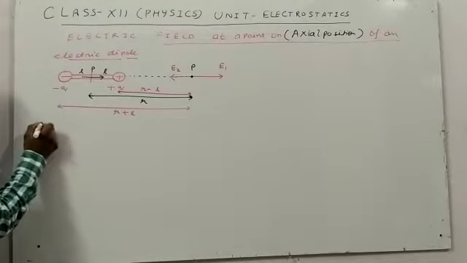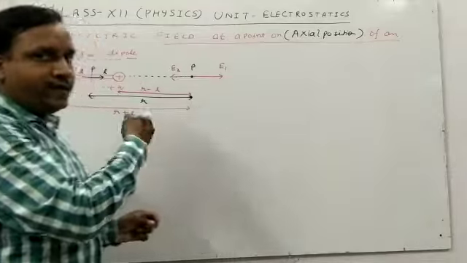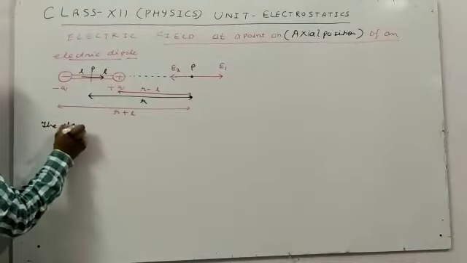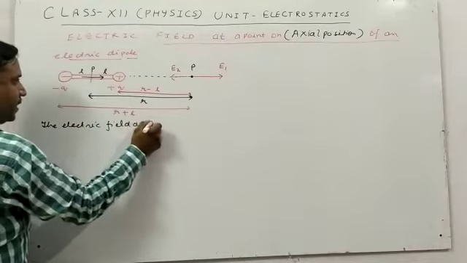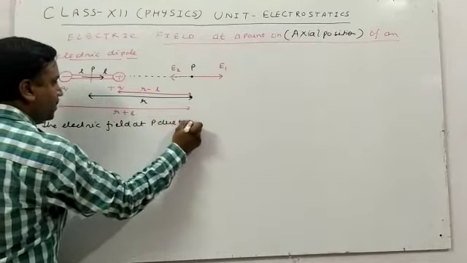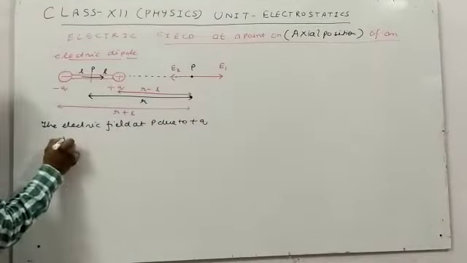First we will calculate the electric field at P due to the positive charge and then the negative charge. Electric field at P due to plus Q is E1.